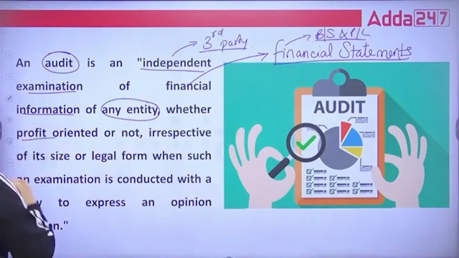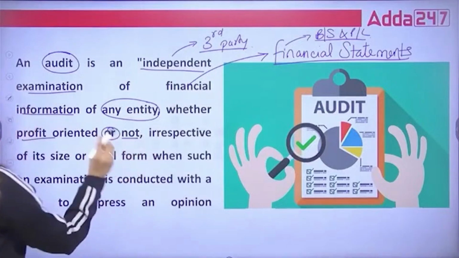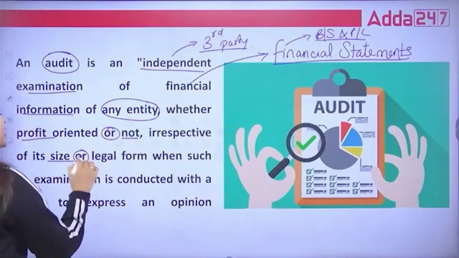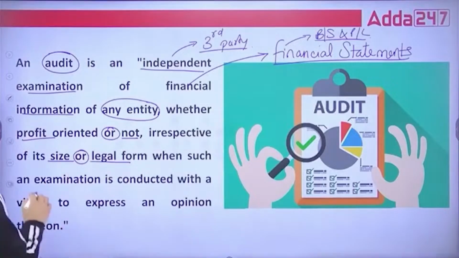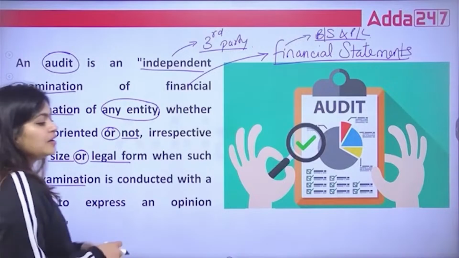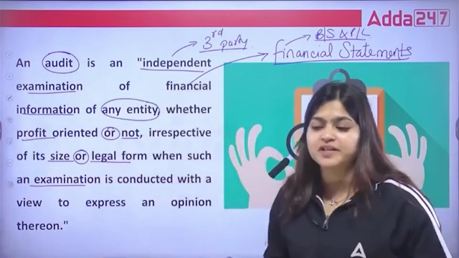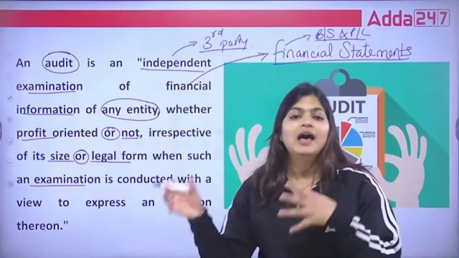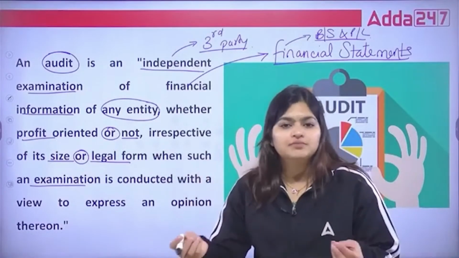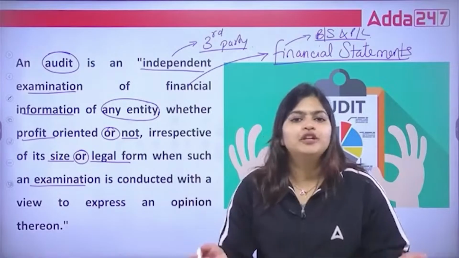Whether profit oriented or not, irrespective of its size or legal form, when such an examination is conducted with a view to express an opinion. Opinion means finally, after examination of the financial statements, whether that entity has shown true data or not. Yes, true profitability or not.